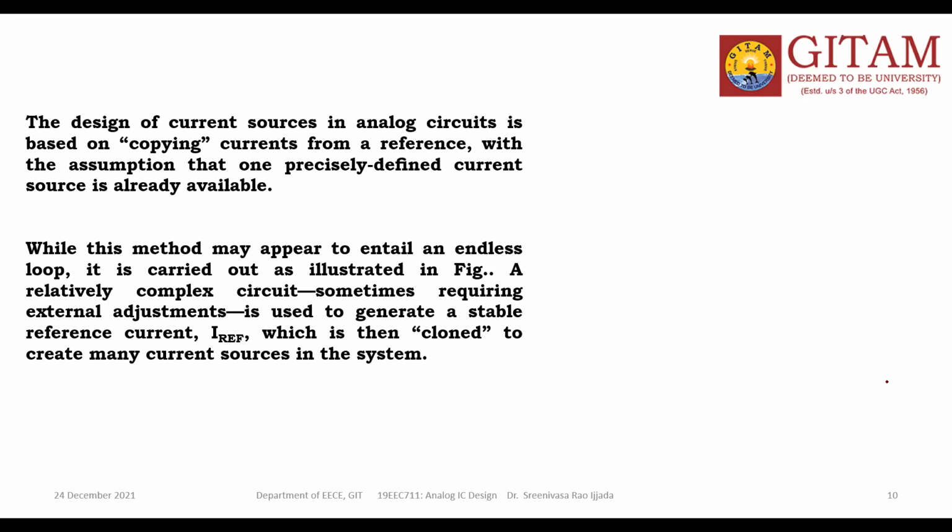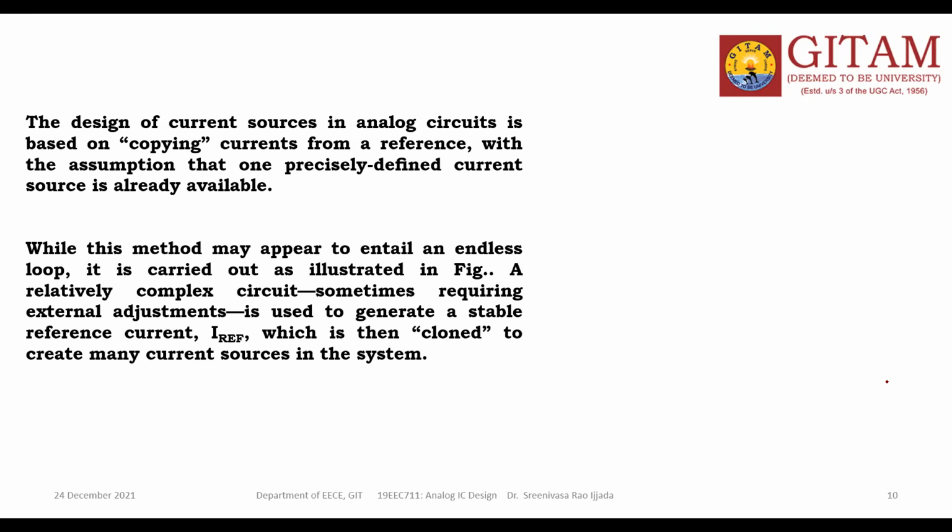Clear? First of all, in the circuit you need to design one current source, called the reference current source, which should be perfect. Then the same current can be copied to any other branches.